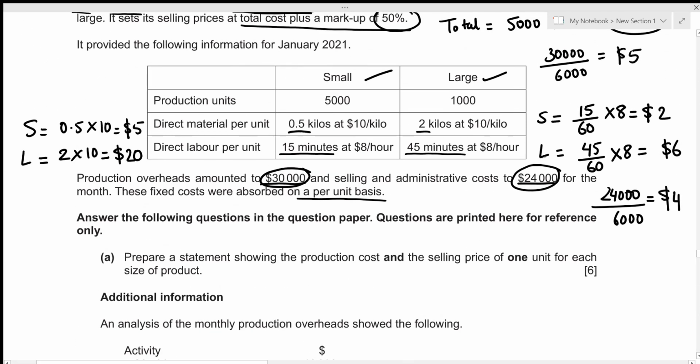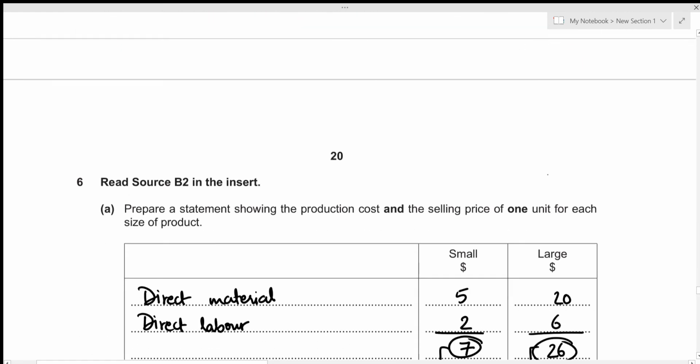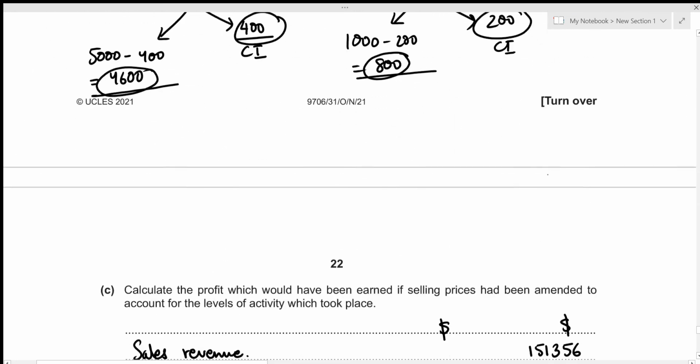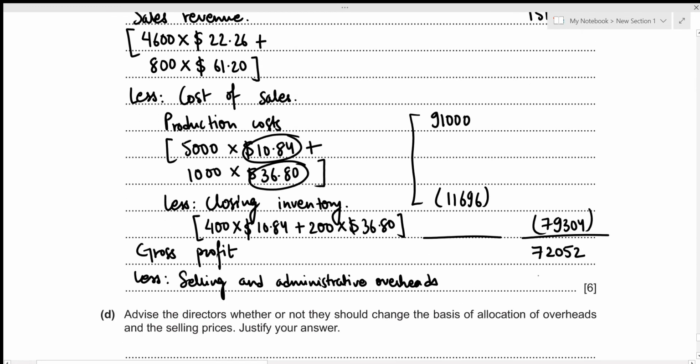The total selling and administrative cost is 24,000. So we just deduct it from our income statement. That's 24,000. Now, if we deduct this fixed cost of selling and administrative overheads from the gross profit, we can easily figure out our profit for the month. So that's just going to be 72,052 minus 24,000, which is 48,052.